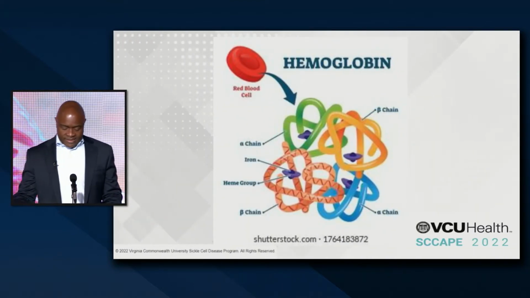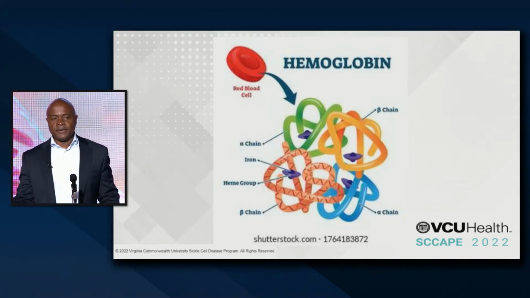So sickle cell disease is a genetic condition that affects the hemoglobin. And the hemoglobin is a protein that is in red cells, and it is responsible for carrying oxygen.